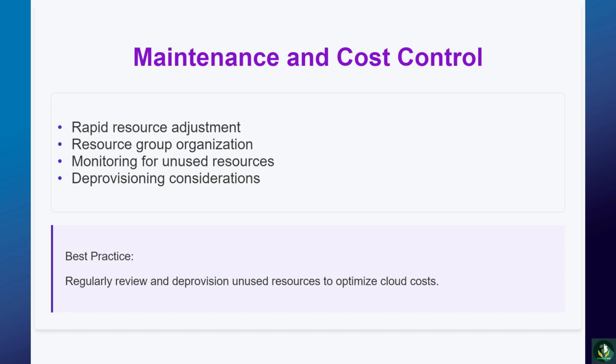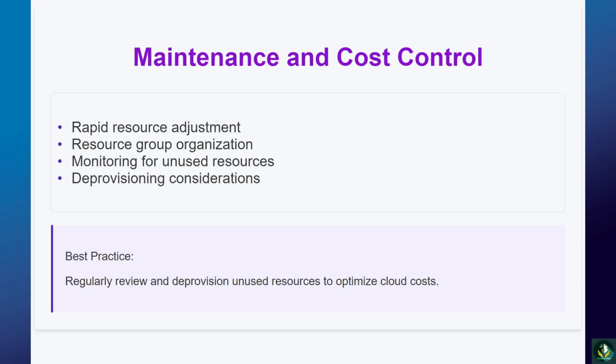Remember, the cloud's pay-as-you-go model means you're billed for resources as long as they exist, regardless of whether they're actively used. By maintaining a clean and efficient Azure environment, you ensure that you're only paying for resources that are actively contributing to your operations.